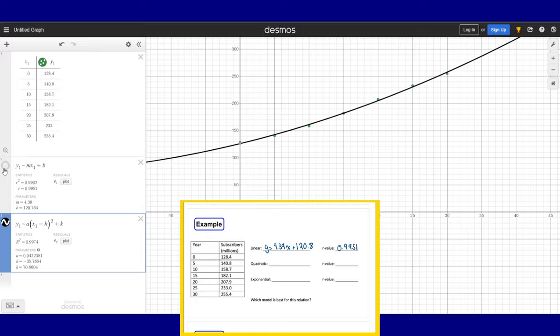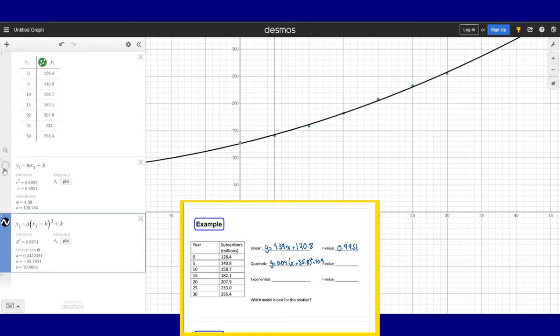And this one will give me an equation, again straight from Desmos, y equals: the a value is 0.04 times (x minus h, or minus a negative 35, so it becomes plus 35.8) squared plus 70.9. So that's our quadratic model.